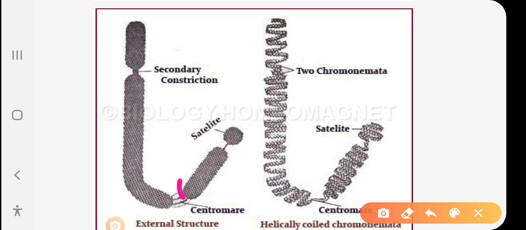rRNA, with some proteins, and the secondary constriction altogether form the nucleolus.